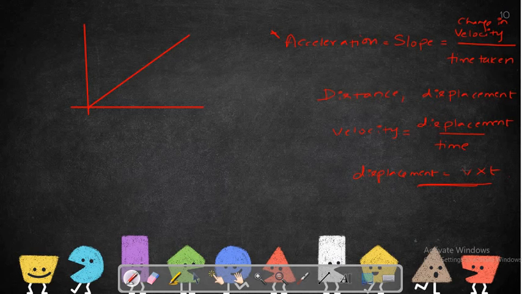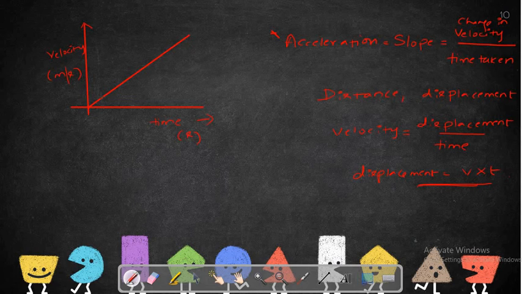See, if I take a linear graph like this, where I will consider the velocity along the y-axis as well as the time along the x-axis. I will take velocity in terms of meter per second and time in terms of seconds.